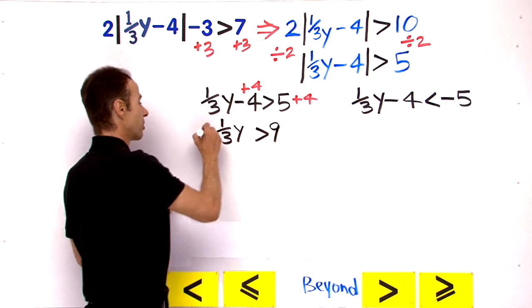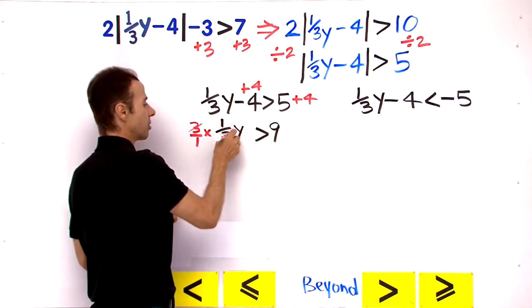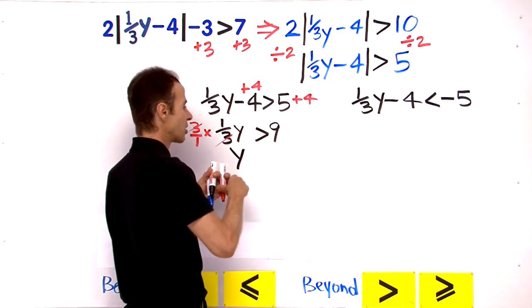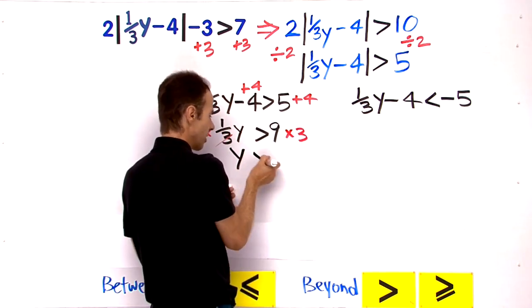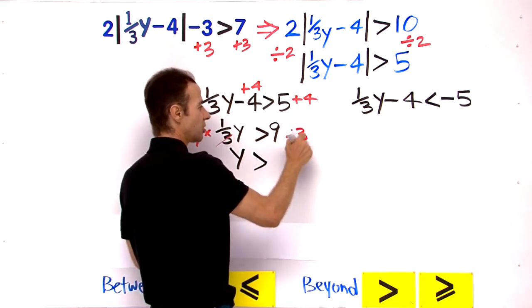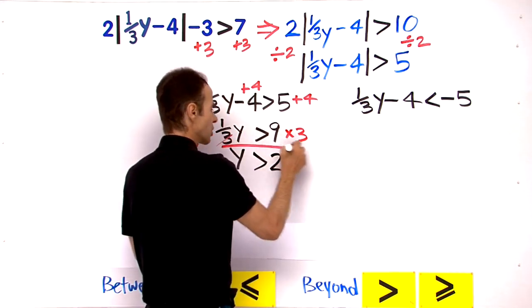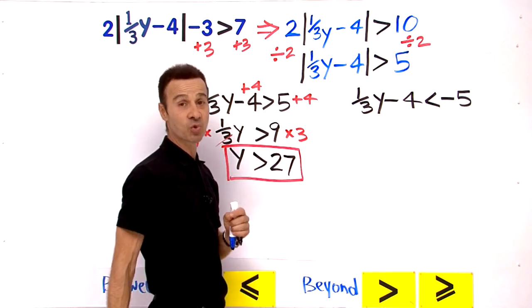So we're going to multiply by 3, or 3 over 1, it's the same thing. The 3s cancel, so 1 times y is y. And then on the other side, we also multiply by 3. So that becomes greater than, the symbol stays the same, 9 times 3, 27. So there's one set of solutions. y is greater than 27. All the values greater than 27.